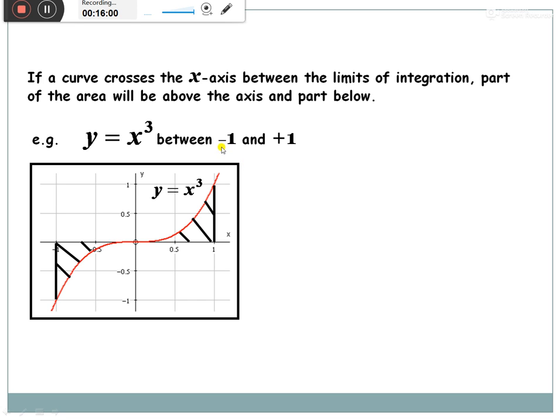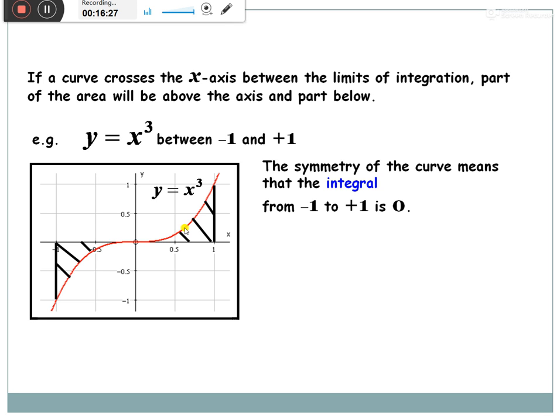and limits between -1 and 1. And now as you see, this curve is symmetrical in the opposite quadrants. In the opposite quadrant, if we change y to minus y and x to minus x, the curve remains the same. It is symmetrical in the opposite quadrants, and therefore this area will be 0, because from -1 to 1 it is 0.